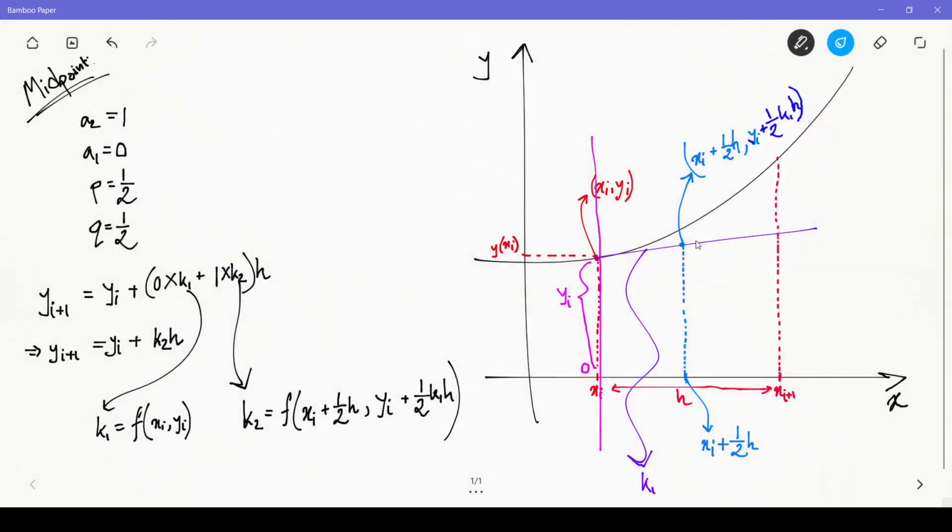At this particular point, the value of my bivariate function is f of xi plus half h comma yi plus half k1 h. At this point, the slope will look something like this, approximately of course, and it will be a bit more upright.